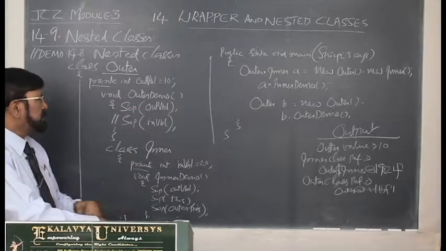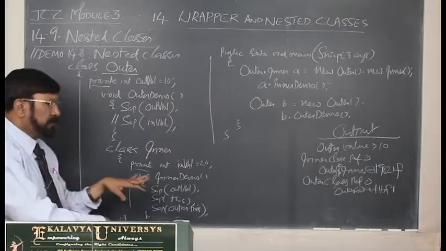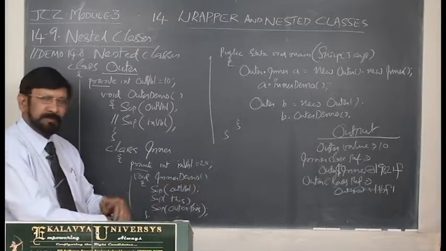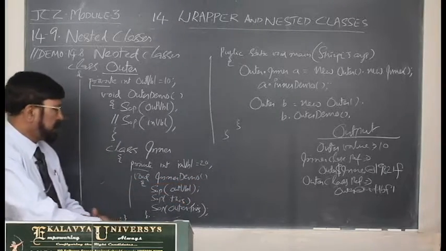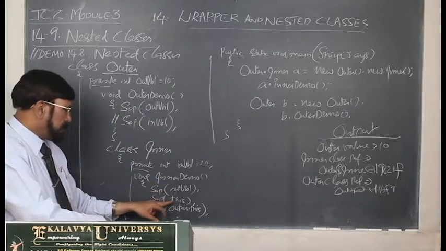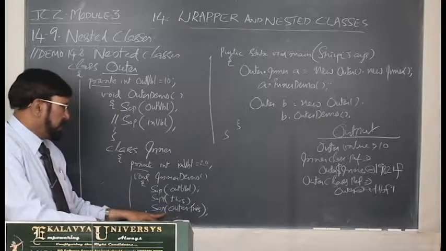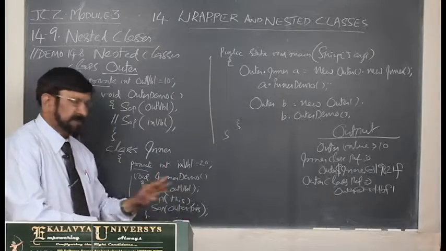The outer class has one instance method, outDemo, and the inner class also has one instance method, innerDemo. In this we are writing outVariable, this, and Outer.this.